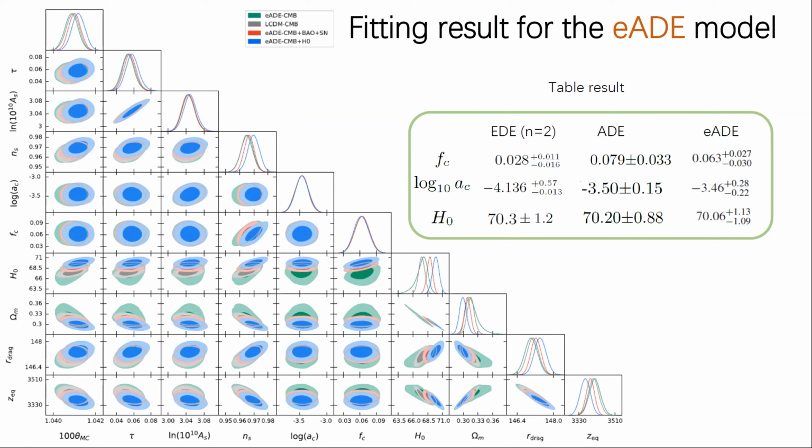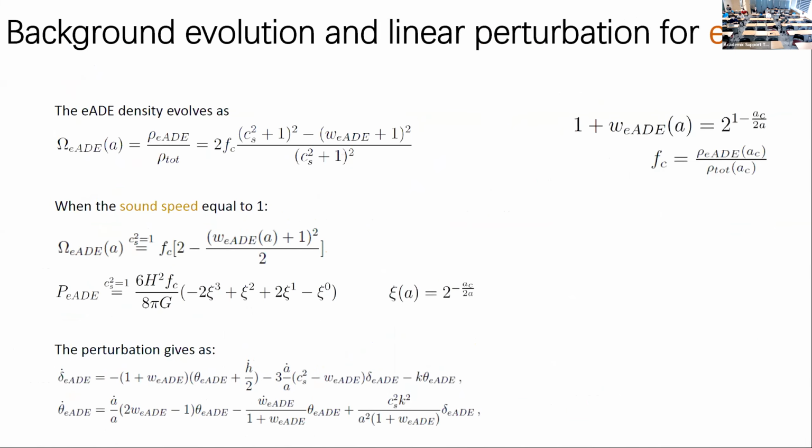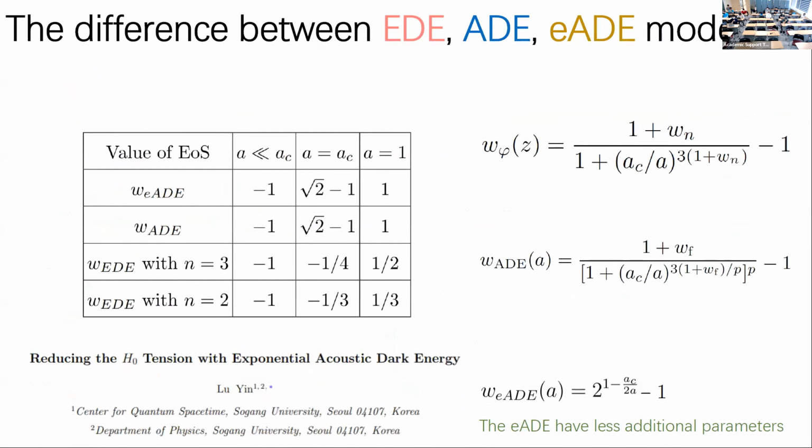Okay, thank you. I have a naive question. Does your model include some violation of the null energy condition? So is W always greater than -1 or less than?